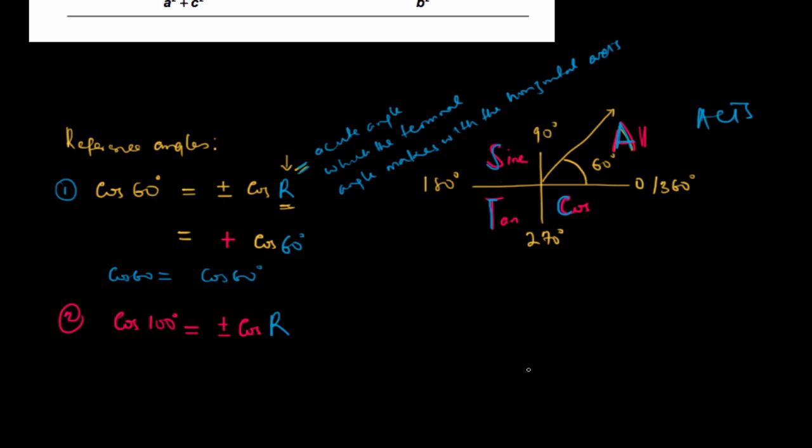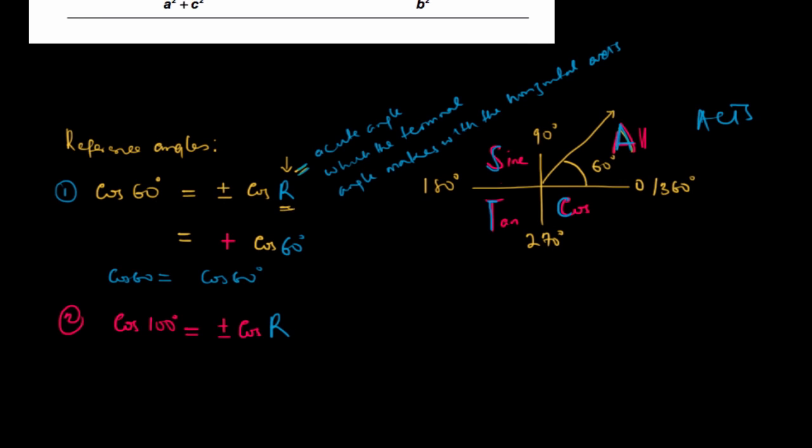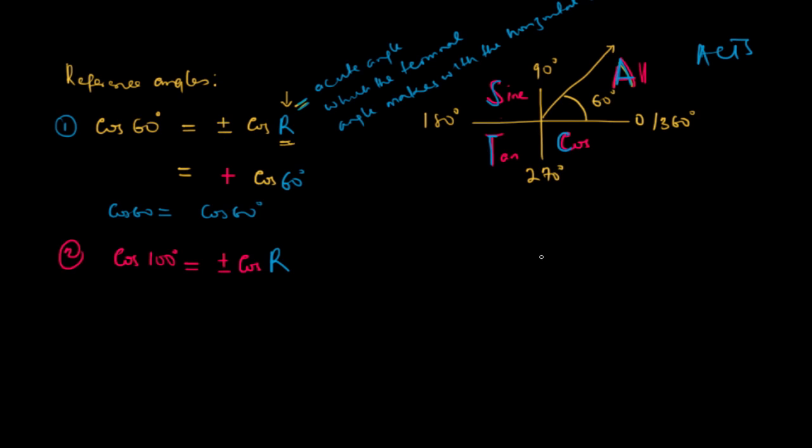To find the reference angle, I'm going to draw this. Again, this is 0, this is 90, this is 180 degrees, this is 270 degrees, and this is 360 degrees. You go this way until you cover 100 degrees. So this is 100 degrees.